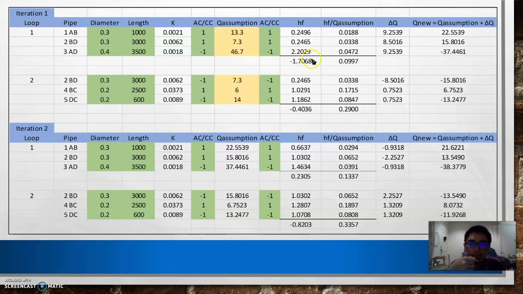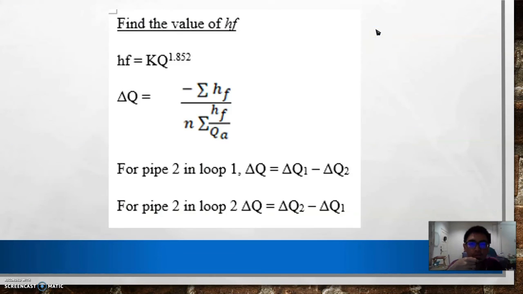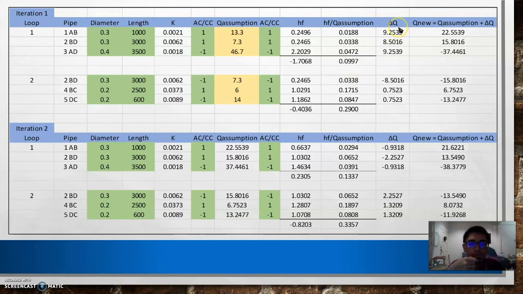This is the value for the total head loss. We will use the head loss over the Q assumption and find the total, and use the previous formula to obtain the value of the change in flow rate.